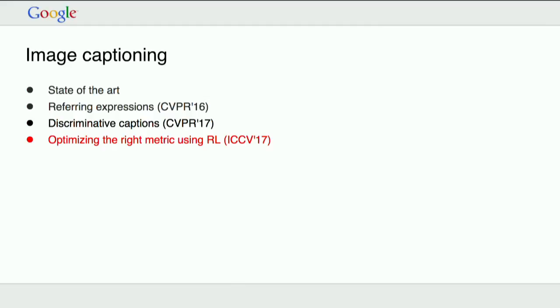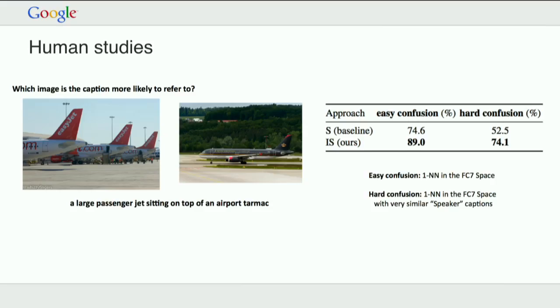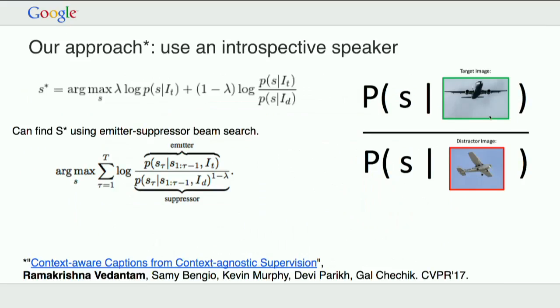Yeah? So does this mean that adding more distractor images to the data set that you're training on makes your model more robust? Or potentially. At test time, let's see. I mean, here we're just doing it with a pair, but you could imagine this as a set, right?